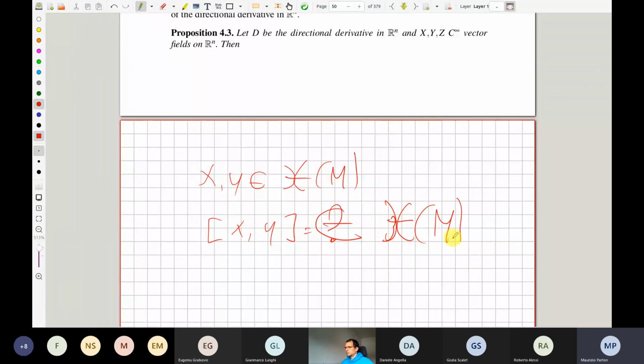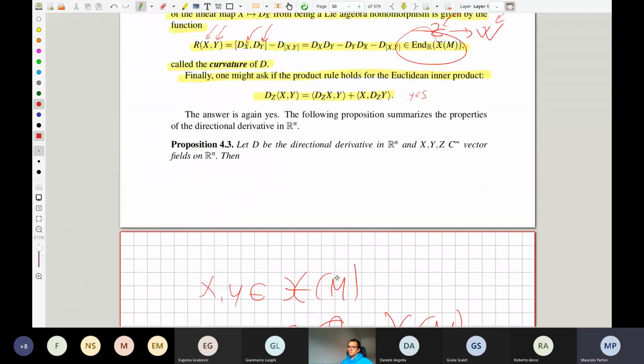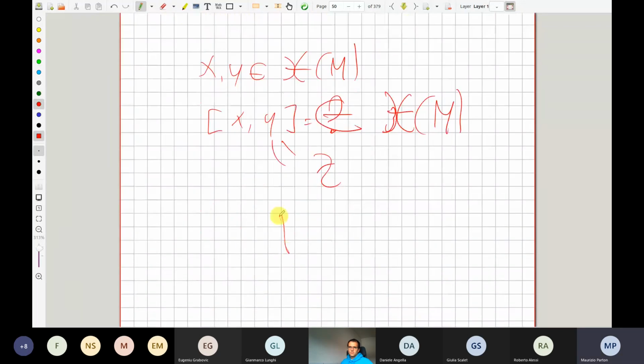Trust me, and I can explain if you want. But once this is a vector field, call it z, the directional derivative with respect to this vector field is just the directional derivative with respect to z. So you are asking if this is a vector field, and which vector field it is.